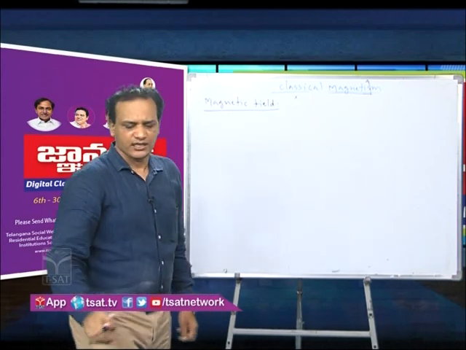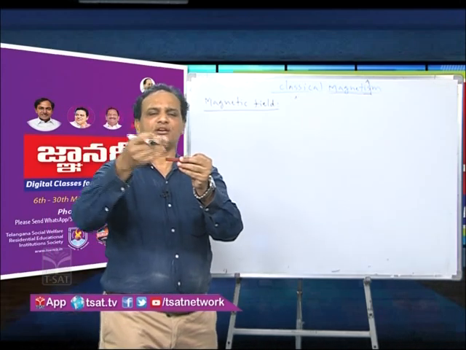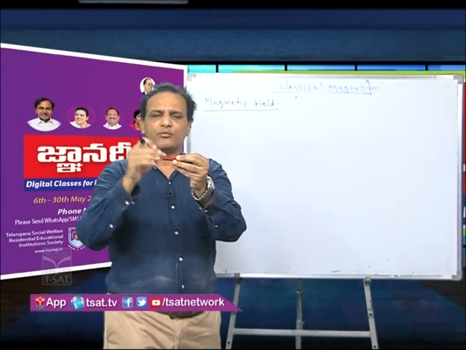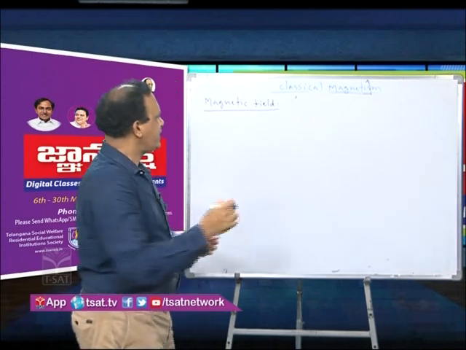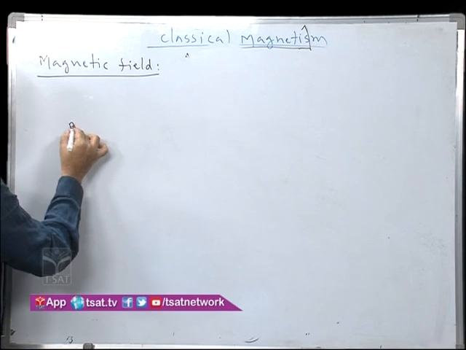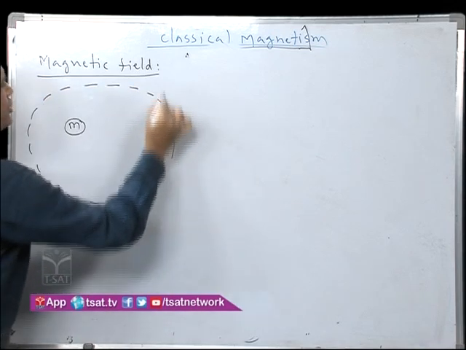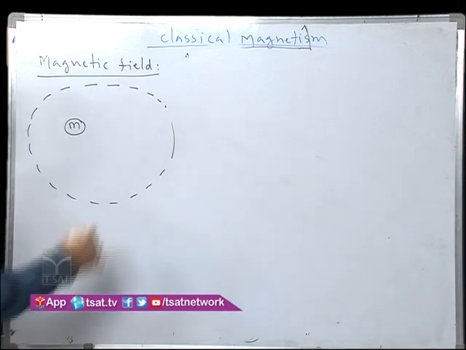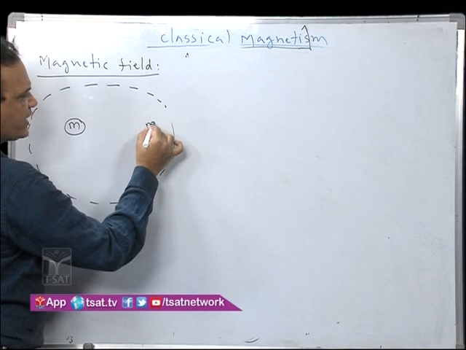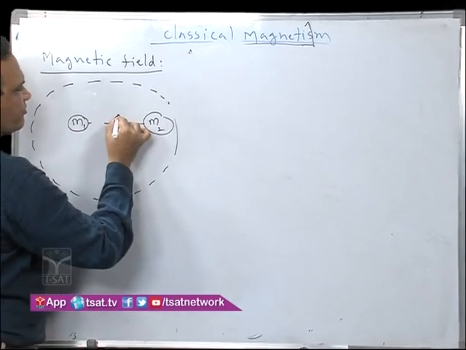The space around a magnet which influences another magnet is called the magnetic field. Let us take a pole of pole strength m1, which influences one particular region, right? Now take a second pole of pole strength m2 placed at a distance r.